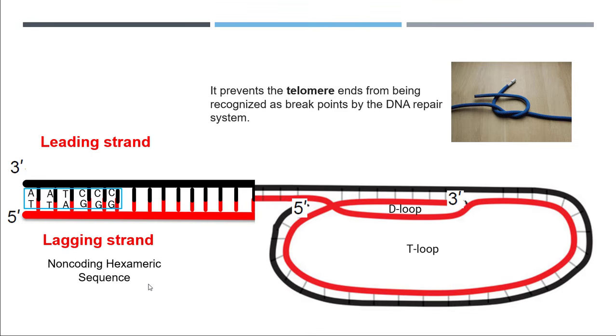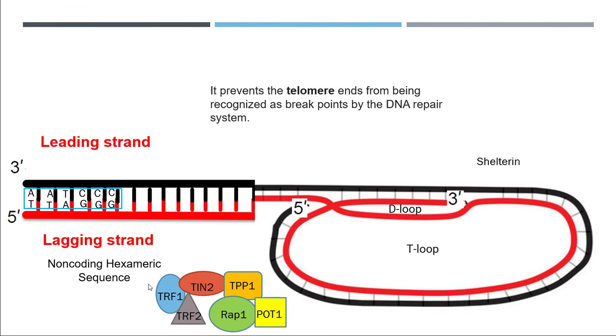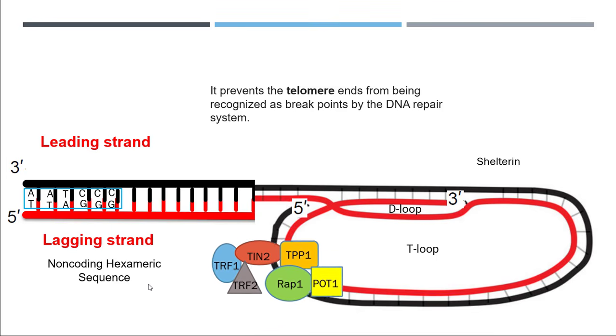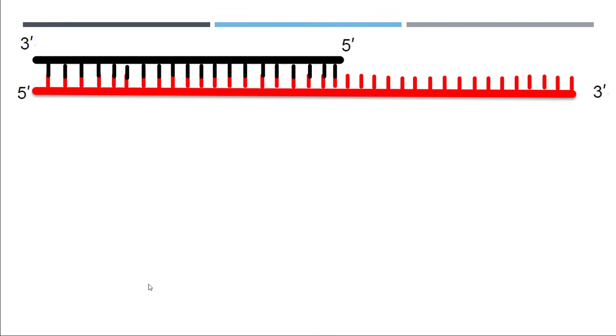For that, we have 6 proteins present there. These group of proteins together are called shelterin, and they attach to this T-loop. Like I just showed one group here, but there are several different groups present on the whole T-loop, maintaining its structure there. Now, the question is, why is the lagging strand longer than the leading strand?